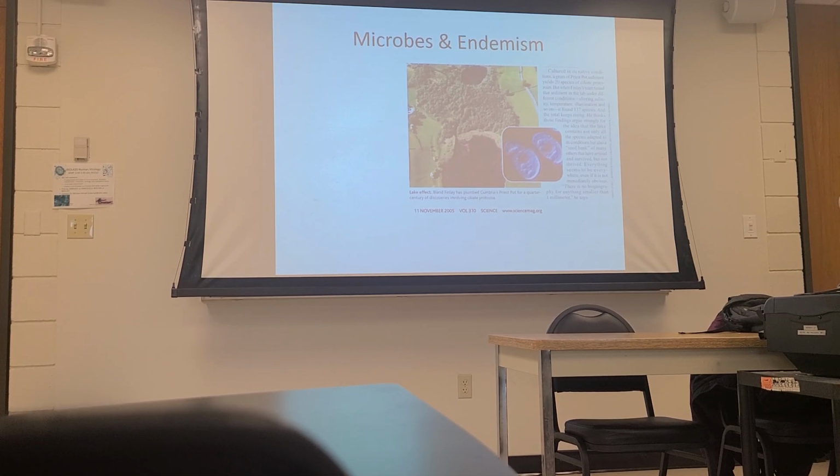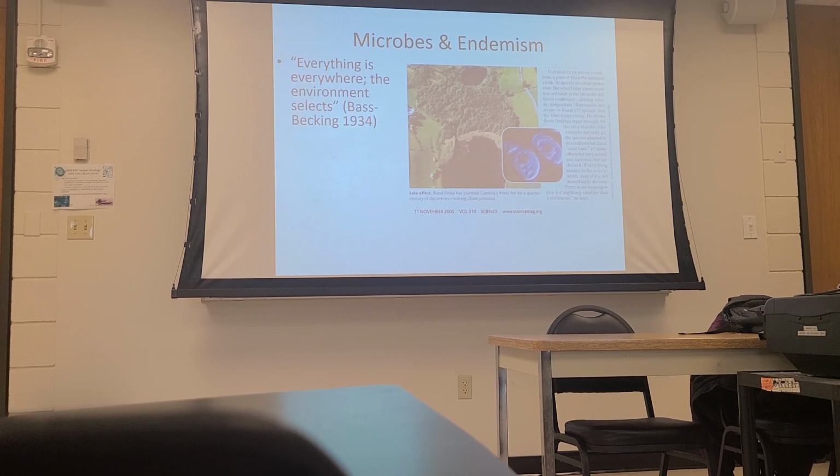Alright. Let's see, some other stuff about diversity. It's just kind of random things on each slide. So, microbes and endemism. For a long time, we all kind of thought that anything microscopic was cosmopolitan, found all over the world.